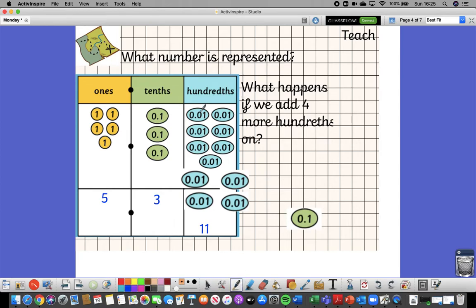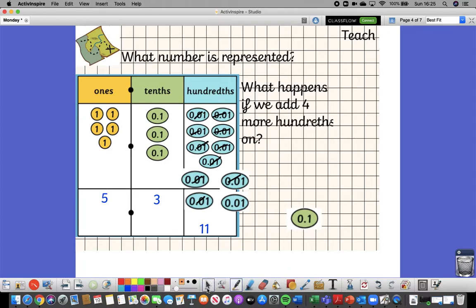Now, 10 hundredths actually equal 1 tenth. So if I was to cross off 9, that's 1, 2, 3, 4, 5, 6, 7, 8, 9, and then 10 to make 10 hundredths, which equals 1 tenth.